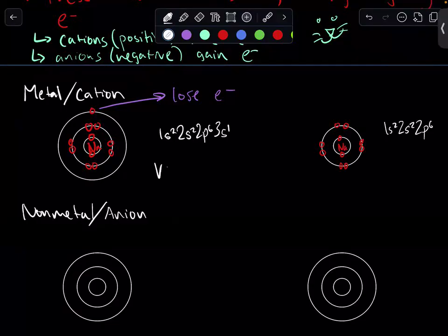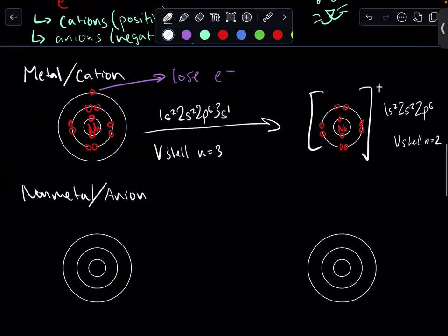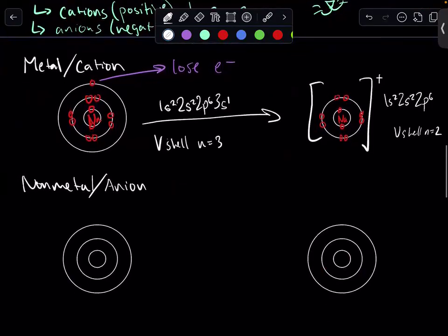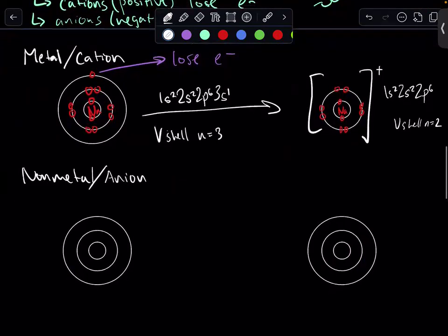So its valence shell was n equals 3. Now its valence shell is n equals 2. And n equals 2 is a full shell. So it has now become stable. We put a couple square brackets and give the whole thing a positive charge. So this is an example of a metal cation. It gets smaller. We talked about this when we talked about ionic radius in trends. And we can see it physically getting smaller while also having a stable outer shell.